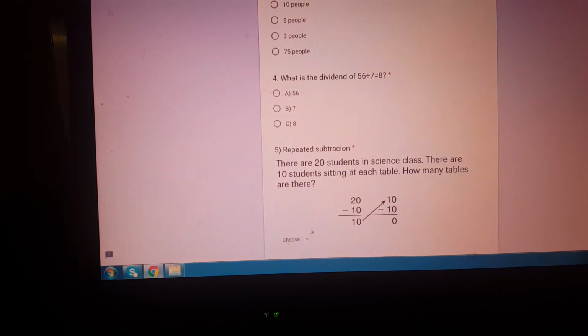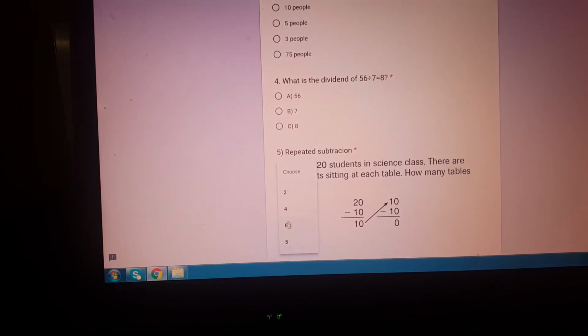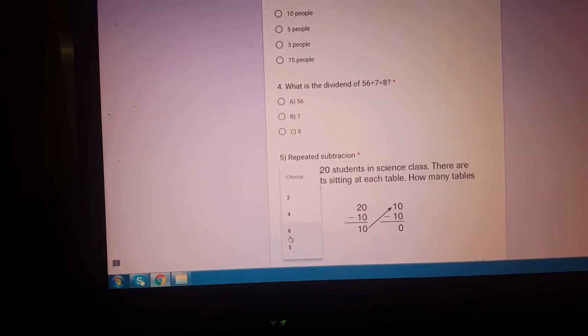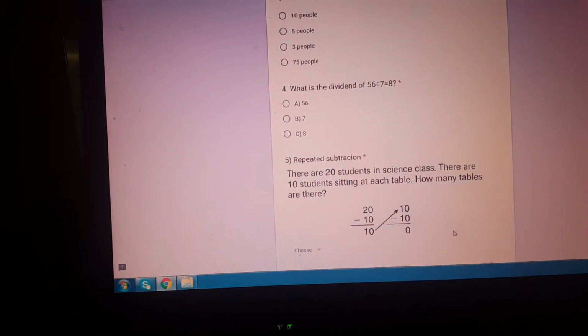And then you can put your cursor over here and choose the answer that you think is correct. After you choose, scroll down.